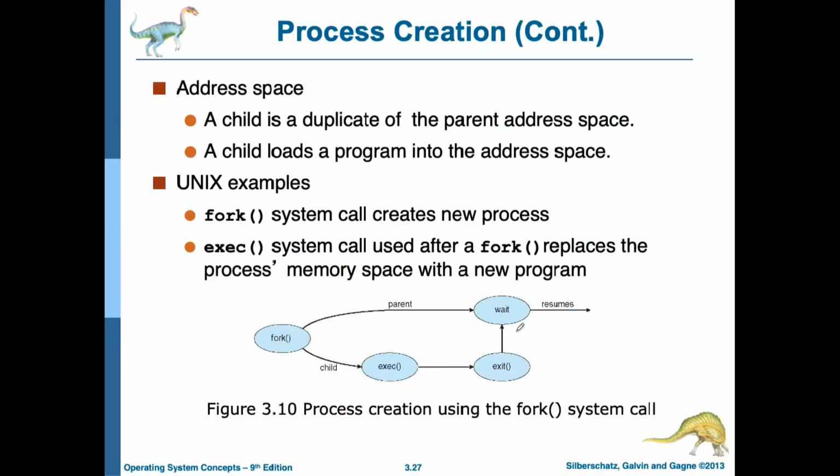Address space: a child is a duplicate of the parent address space, and the child loads a program into the address space. In the Unix example, as I told you, the fork system call creates a new process. Then exec, because different OSes use different names; in Linux and Unix we use exec.